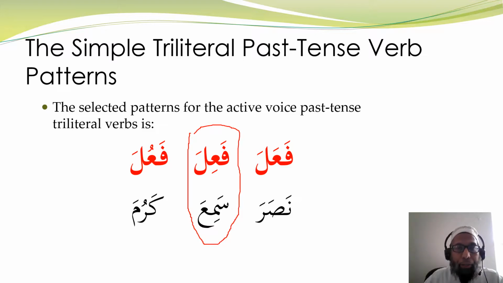Fa'ila is not an actual word. It doesn't have a meaning, but it's used as a pattern so that those verbs that fall into the pattern of fa'ila, like sami'a, for example, alima, amila, jahila, hazina, all these are examples of verbs that fall into the pattern of fa'ila. And so that's what we're going to cover.